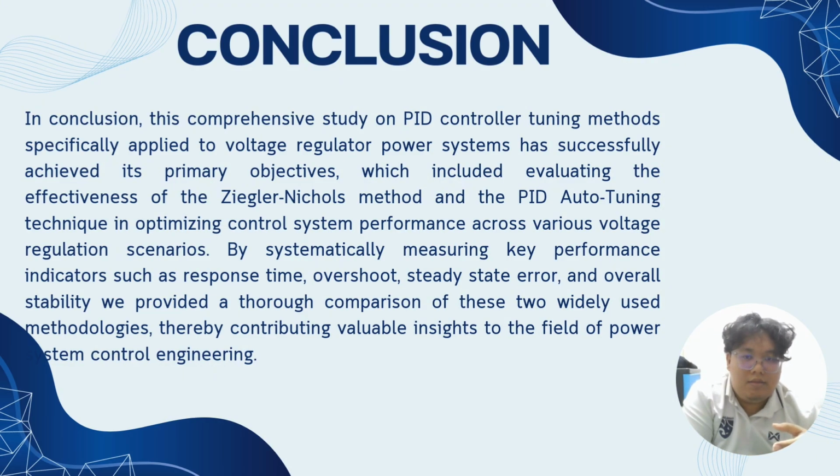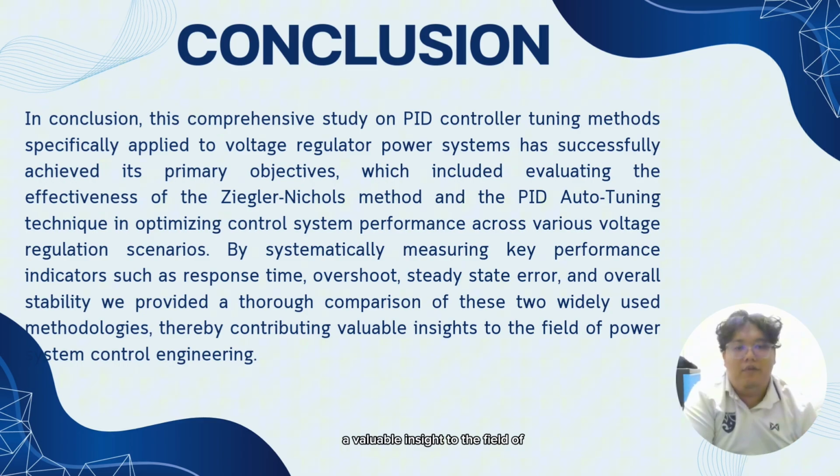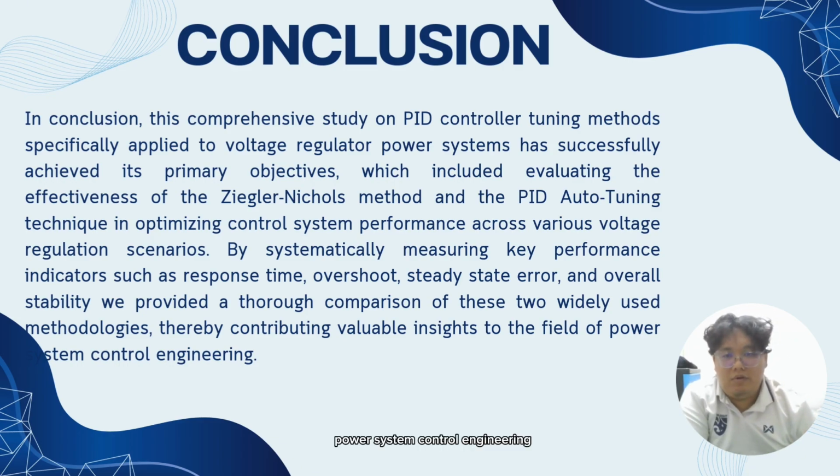By systematically measuring key performance indicators such as response time, overshoot, steady state error, and overall stability, we provide a true comparison of these two widely used methodologies, thereby contributing valuable insight to the field of power system control engineering.